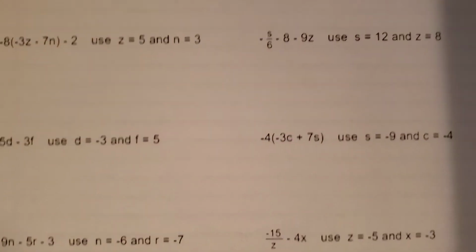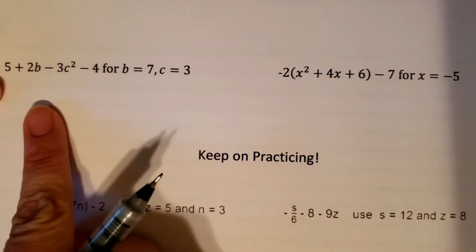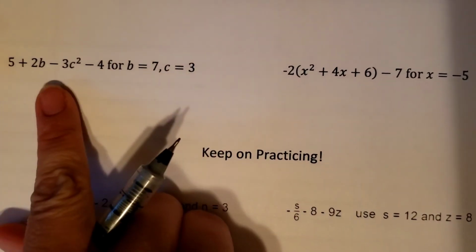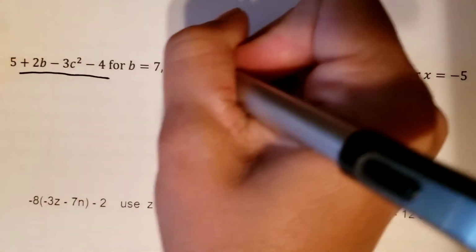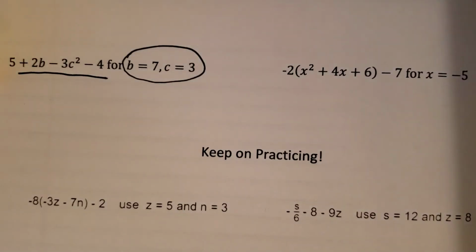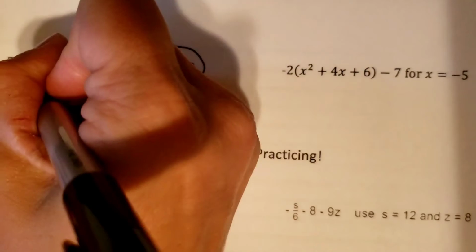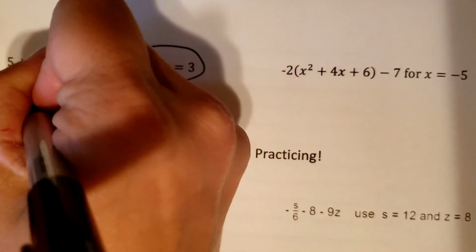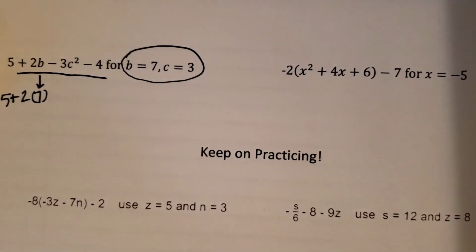The next page here, you've got this expression. There we go. 5 plus 2b minus 3c squared minus 4. And we are going to use these values right here, okay? So I'm going to put a 7 in for b and a 3 in for c. So a 7 for b. So 5 plus 2 times 7, and then I'm going to get my 3 in for c.